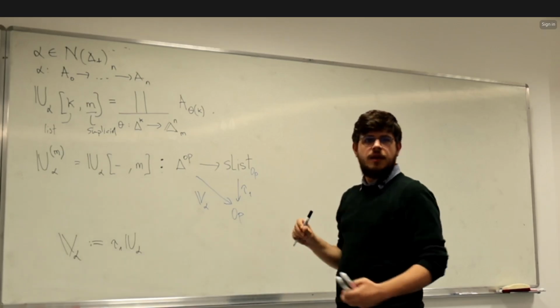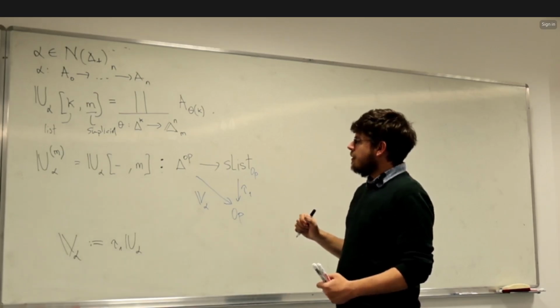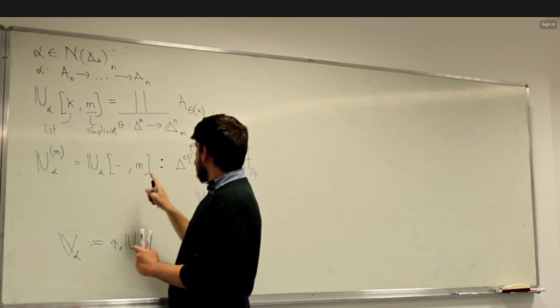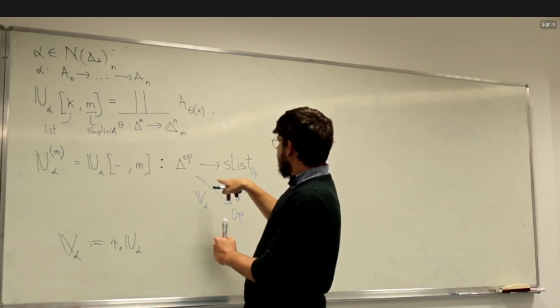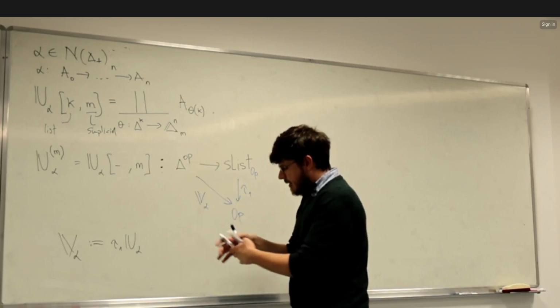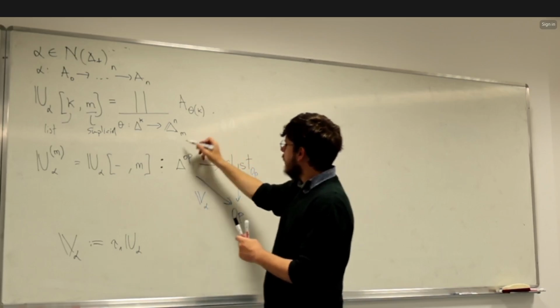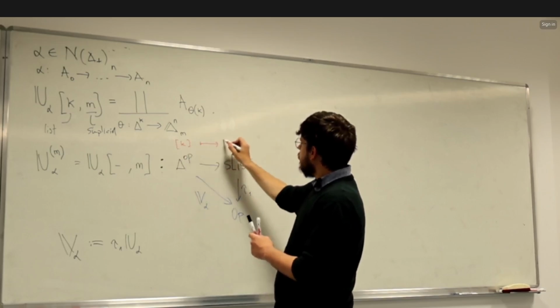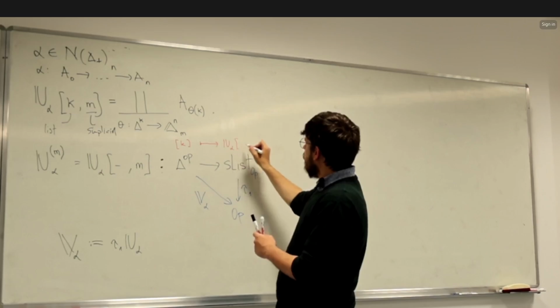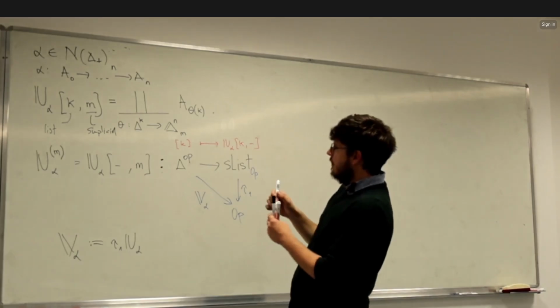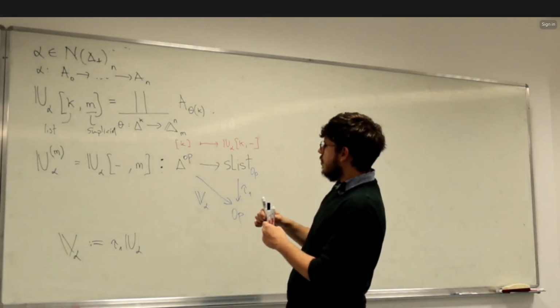So what happens to N? Okay, sorry, you're right. There is a notation problem. Here I want to send K to U alpha K and leave this open.